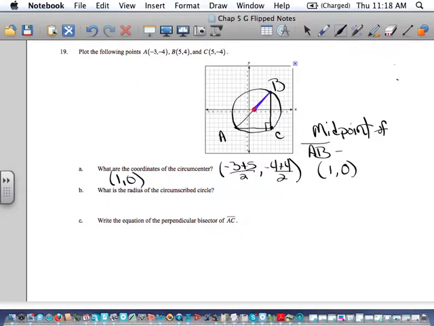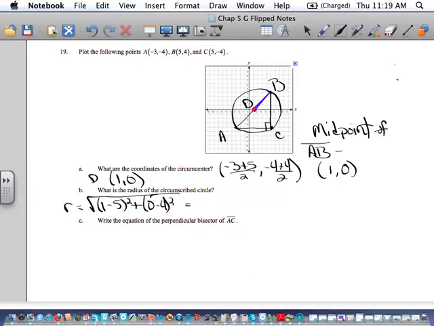I'll use B. So the radius r is equal to that distance, which is the square root of this point in the middle, call that D, to one of the vertices. I'm going to choose B. So 1 minus 5 squared plus 0 minus 4 squared.